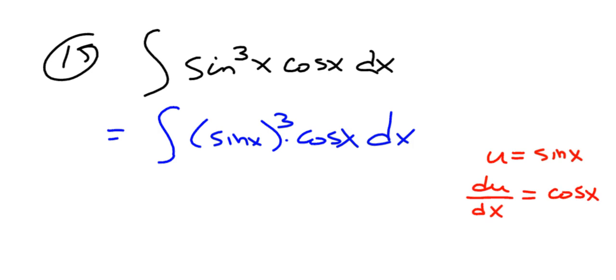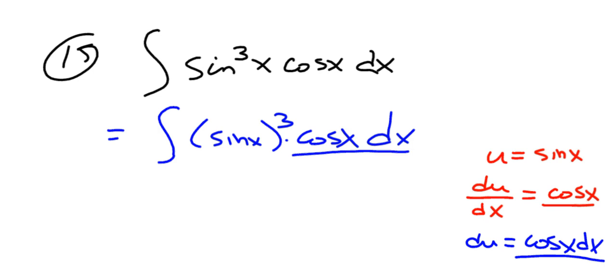I take the derivative of both sides, and I see that this cosine x is definitely part of my integrand, so I'm getting closer to being able to substitute. I multiply both sides by dx, and now I can replace the cosine x dx with du, and sine x with u. When I write my integral again, it's u cubed du.